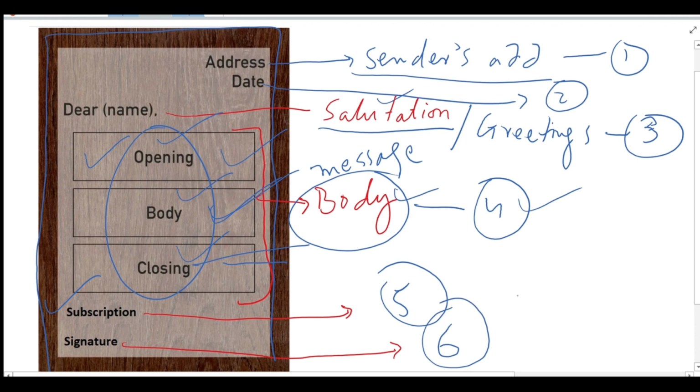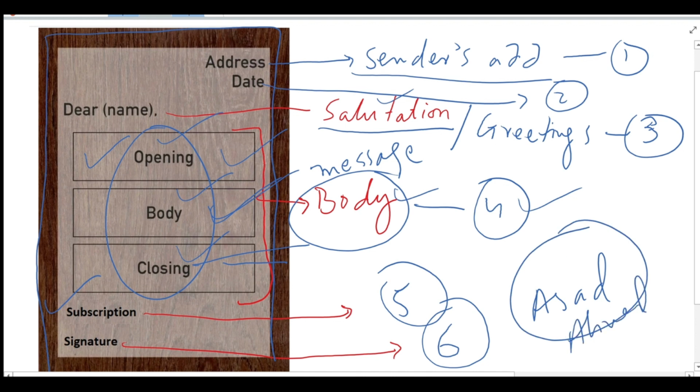Here, the person who is writing, for example if I'm writing, I have to write my name, so it can be anything like Asad, it can be Ahmad. The signature does not mean that you are going to sign on the letter. It means you have to write your name. A sign can also be there, but the name is very important. The person who is writing the letter has to write his name at the place of the signature at the last, but it should be on the left side below.